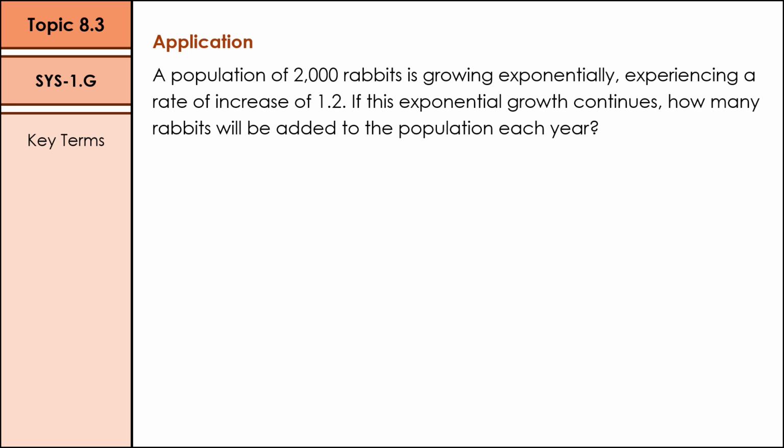If this exponential growth continues, how many rabbits will be added to the population each year? So I am looking for our growth rate here. For this problem, what I will ask you to do is, on our Edpuzzle that I'll have this linked on, go ahead and type in your answer and work any calculations that you have. Show your work on your page.